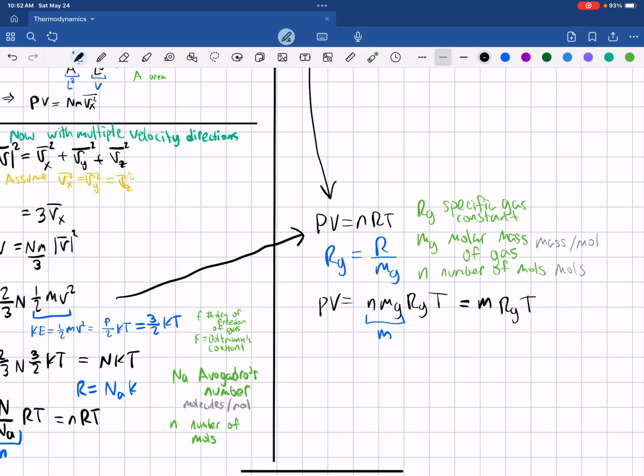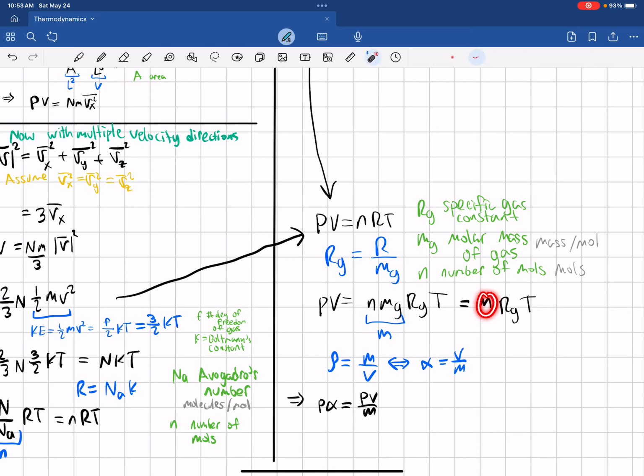And finally, we can define density is equal to mass per volume. Or we just define another one called alpha, which is the inverse of that, volume per mass. I'll just do that because I like to write it this way. Then we have PV over m. So P alpha is equal to what we have, PV over m.